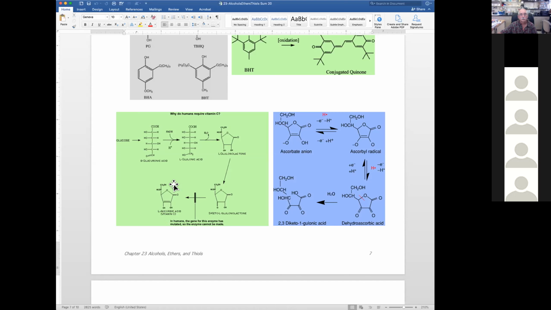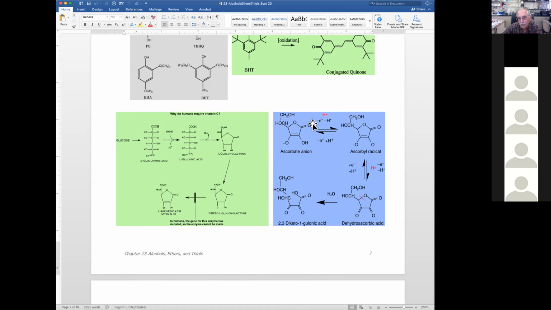So how does ascorbic acid, or vitamin C, act as an antioxidant? It gets in there and it destroys the oxidizing agent. It gets oxidized instead. Notice as you go this way, you're getting more and more oxidized.